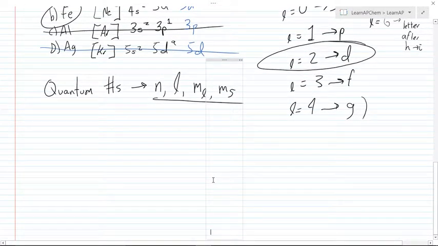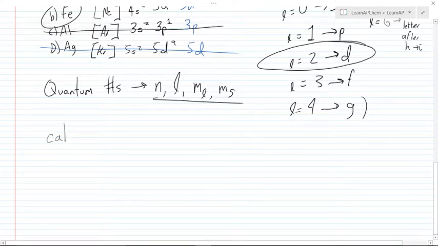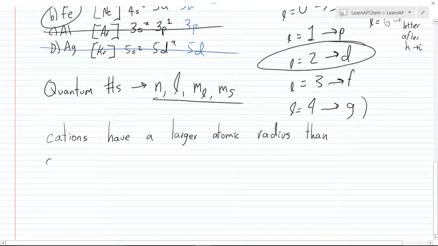Okay, we have another question. Why are cations larger than anions? So, write this out. Cations have a larger atomic radius than an anion with the same number of electrons.